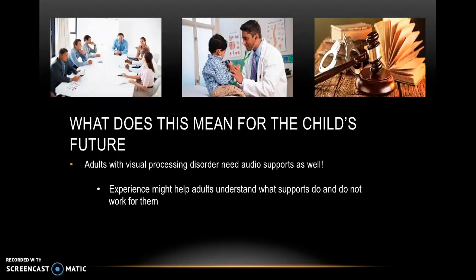Adults with visual processing disorder have the unique advantage of knowing which techniques and strategies work for them and which do not work for them. Therefore, their visual processing disorder does not need to be a limiting factor in their future careers. Rather, it is just a new way to access information and seek out new ways to do things.